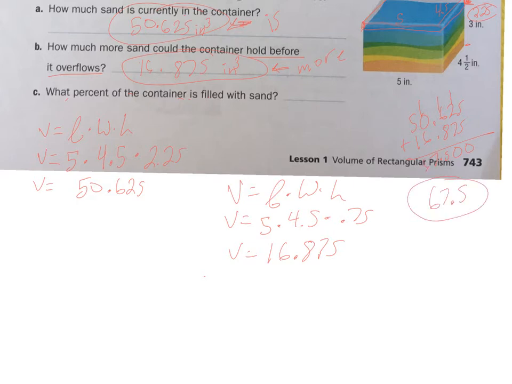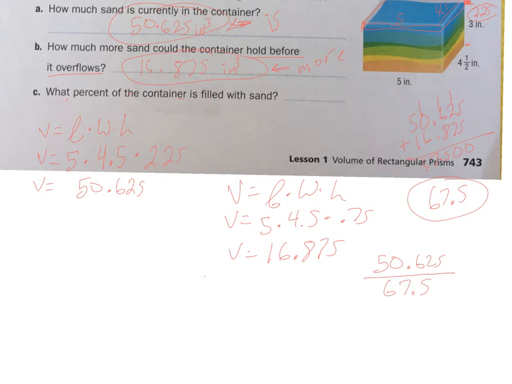So that's how much the total will hold. I want to know what percentage is filled. So I'm going to take how much is in there, 50.625, and I'm going to divide that by the total. And when I do that, it'll get me a decimal, and then I'll convert that decimal to a percentage.